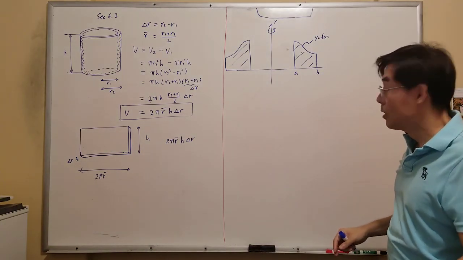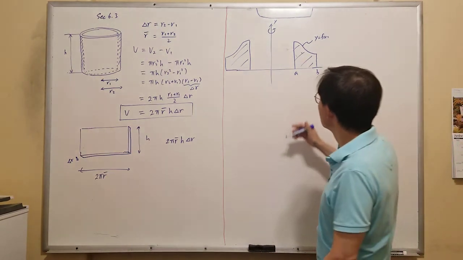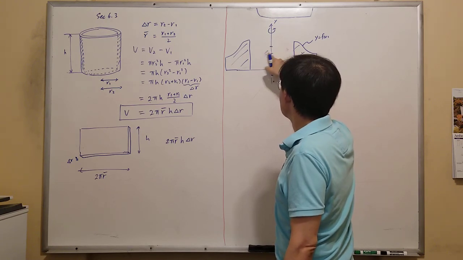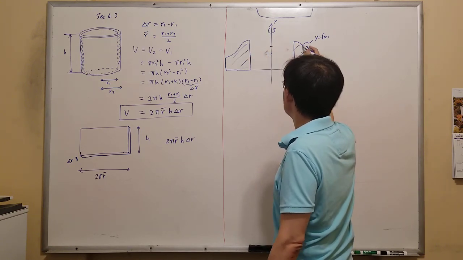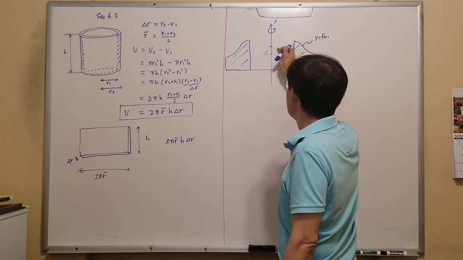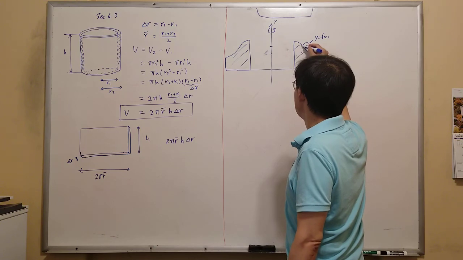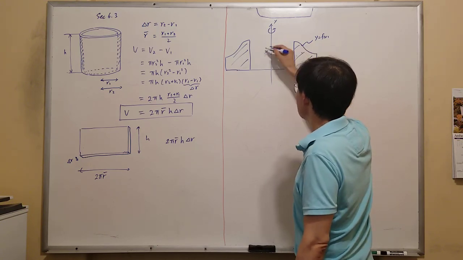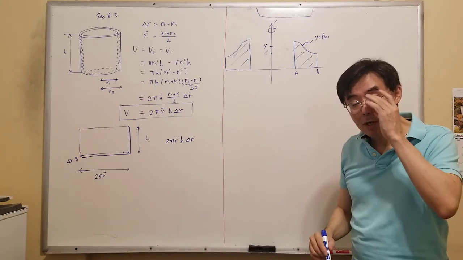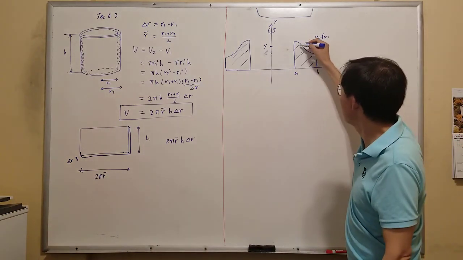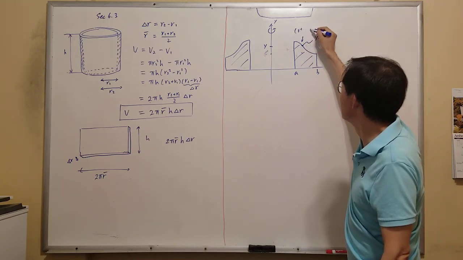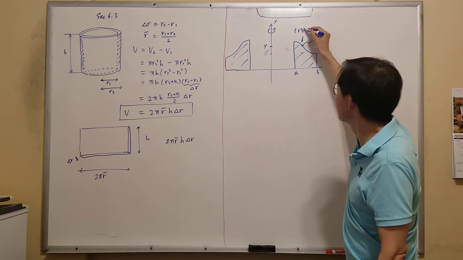So in the previous section, we would use y. For a given y, we have to find the outer radius and inner radius. Because it is a vertical line, the inner radius is a, and your outer radius is the x coordinate for the given y. If you want to use the washer method, you have to find this point as a function of y, f inverse of y.